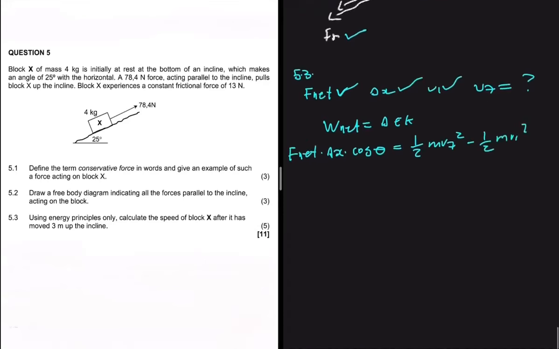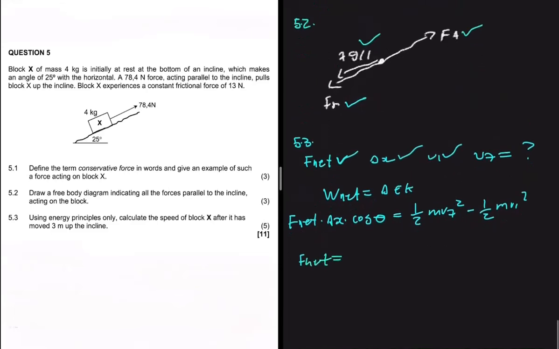So let's go ahead and find F net. F net is equal to the applied force minus the frictional force minus Fg parallel, right? We're doing all that so we can find F net.